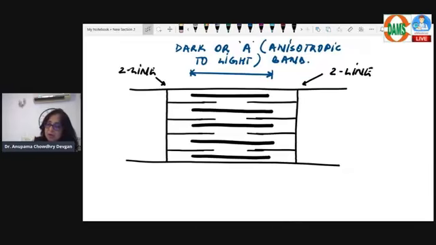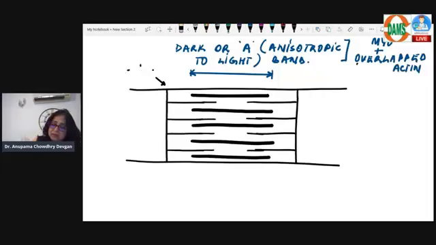What is this dark or A band? It consists of myosin plus overlapped actin. Myosin plus overlapped actin is what is known as the dark or the A band. A stands for anisotropic to light.